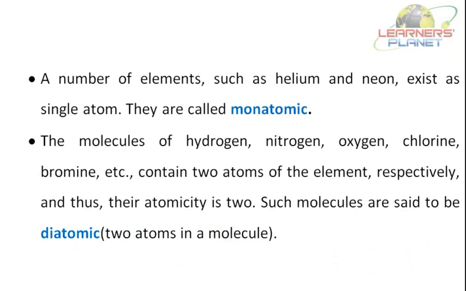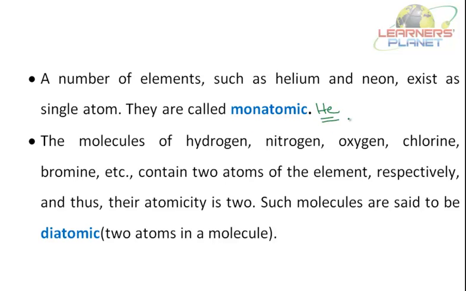Right? Now, a number of elements such as helium and neon exist as a single atom. So they are called monoatomic. How will helium be represented? Helium will be represented by He.